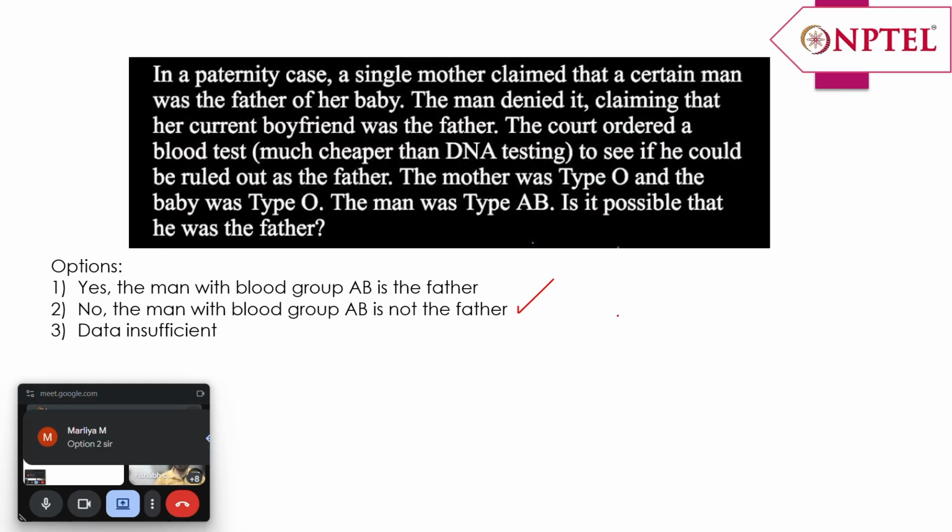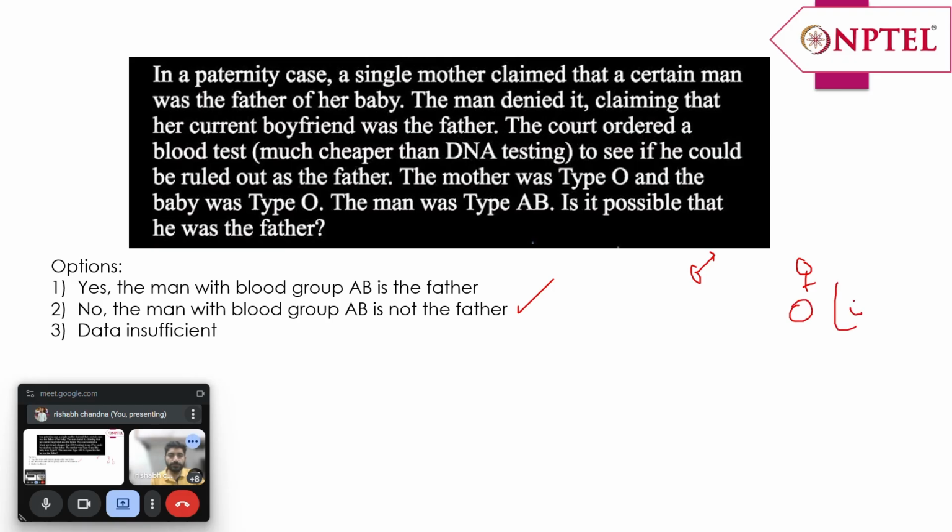Okay. So the correct logical explanation would be, if we see this is the male, this is the female. In case of the female, the blood group is type O, so the genotype would be small i and small i.